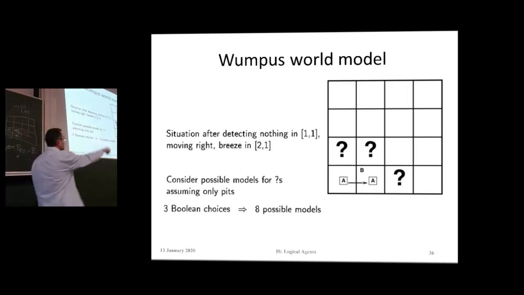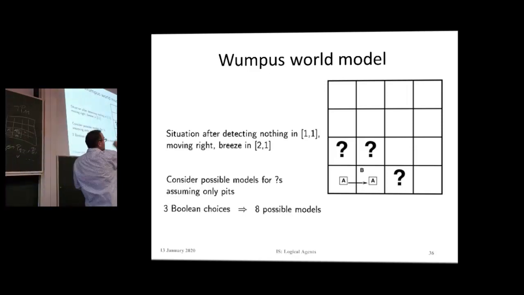And so basically the question is, is the proposition P21 true, or can I show it's the other way around? Can I show that the proposition not P21 is true? Because if I can show that not P is true, then I know that there is no pit, and I can move there safely.